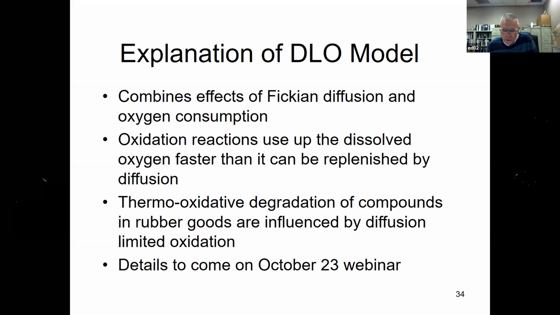And then 2 weeks from tomorrow, we'll be talking about rubber aging, where we try to cover a broad range of polymer types and various aging issues, types of aging, and then in 3 weeks we'll be talking about modulus profiling and the diffusion limited oxidation model.